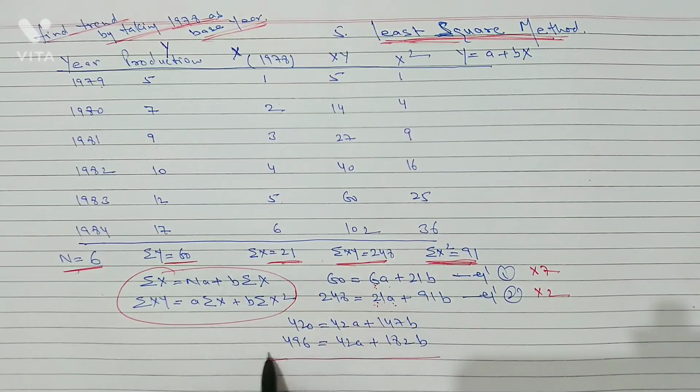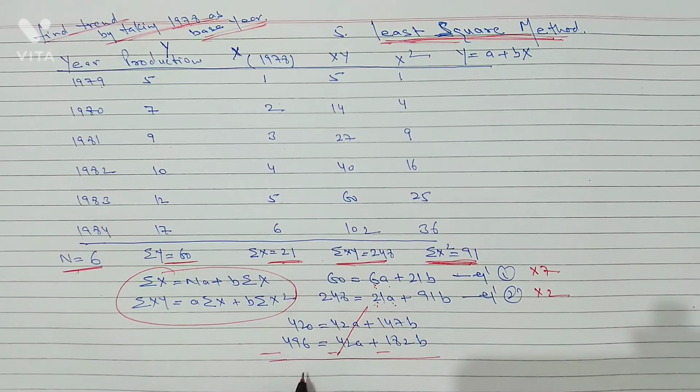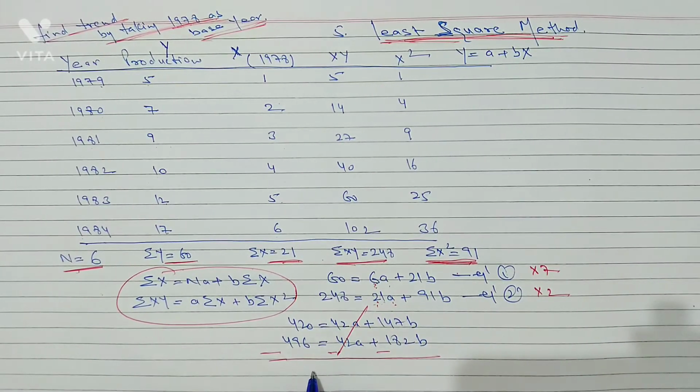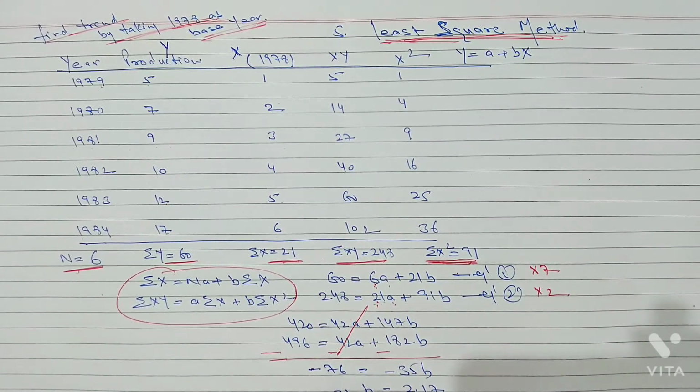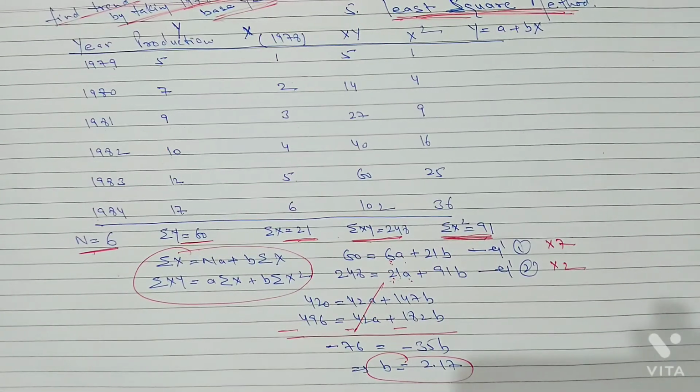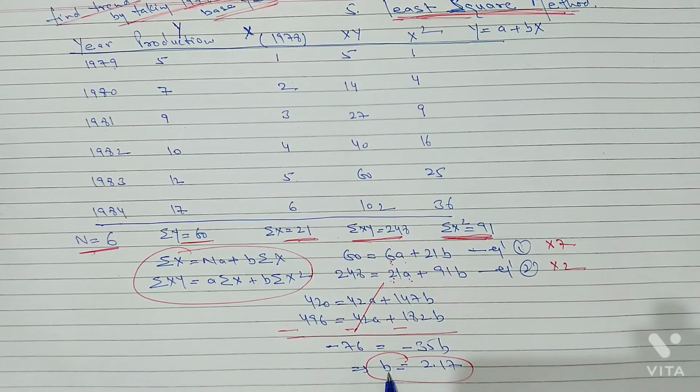Now solving these equations, we get 76 equals 35b, which implies b equals 2.17. Now put the value of b in equation 1.